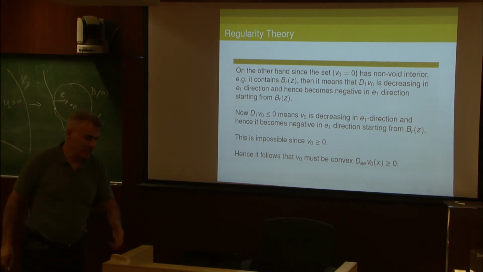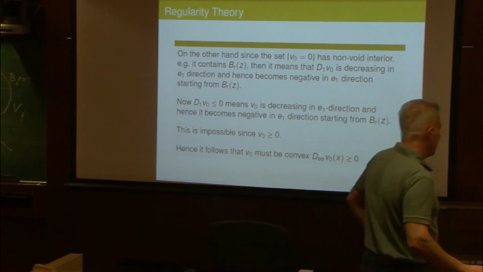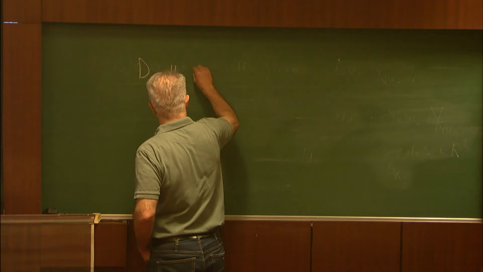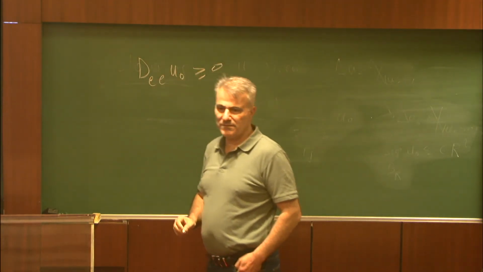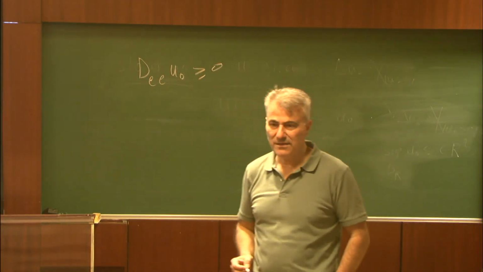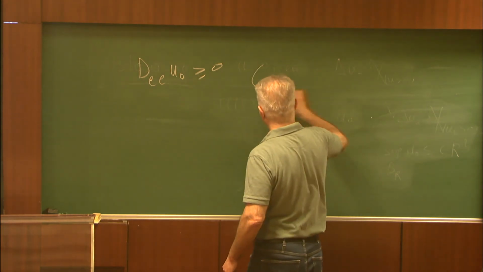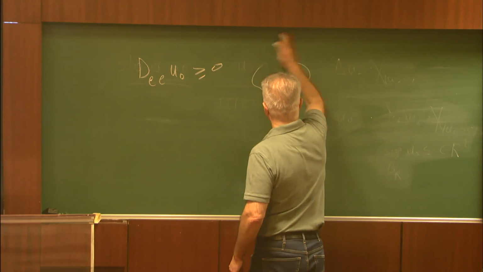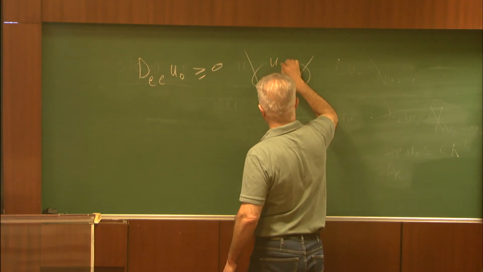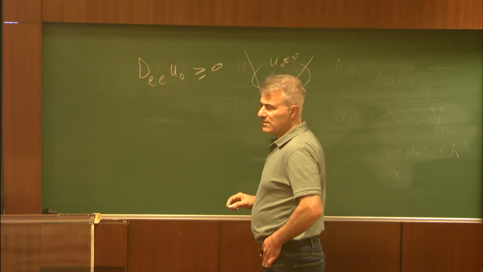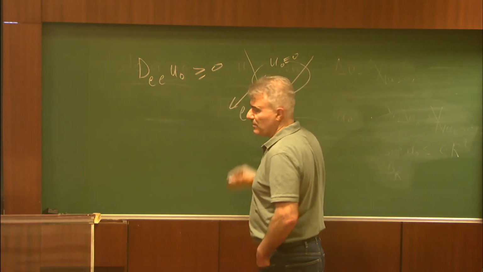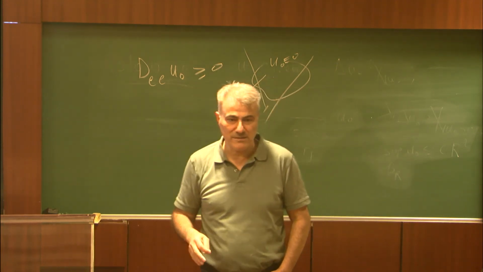So I'm going back to my original function, u0, and I know that this is non-negative. Now I've proven the convexity. If this is non-negative, and it has non-void interior, so there is a place here where it's in a cone, like this. So if this is the direction e, whatever e I take, it's the same.